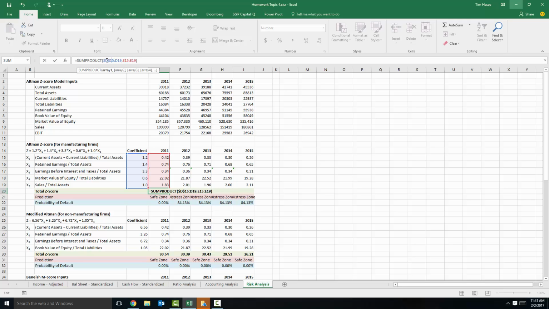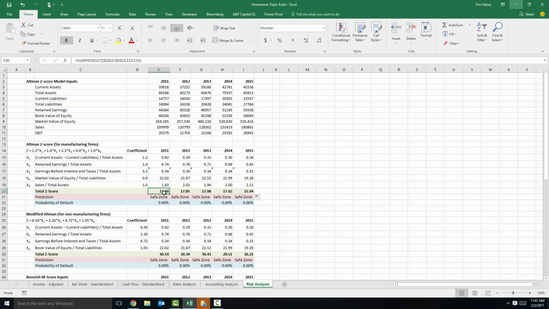So again, I'm going to use the dollar signs before the D and before 19 in this case. Press enter, and now it's locked. So now that I drag it to the right, it's going to be automatically calculated for me. For example, if I go here, I can see that it's used the coefficient still at the absolute area, and then we have the values which have moved since we've dragged it to the right.